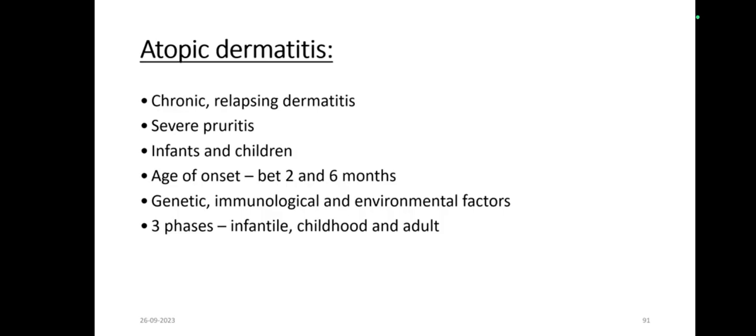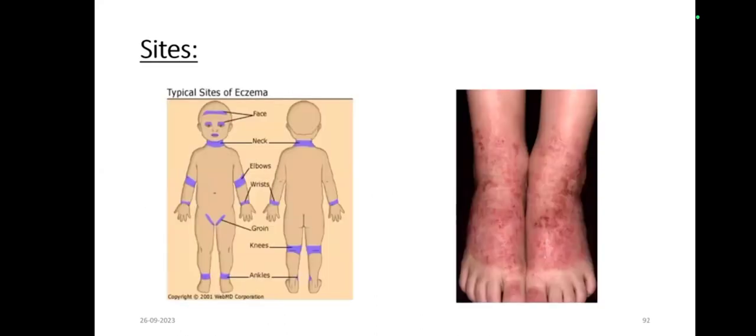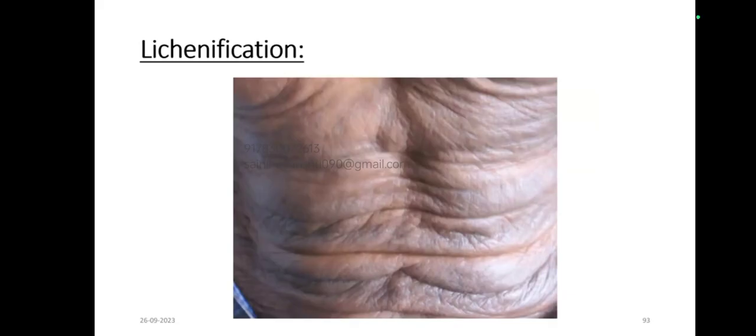In such cases, we have to deal very carefully because usually the children or young adults will have a respiratory pathology also associated with the skin clinical condition. These are the common sites of eczema and atopic dermatitis. This is the feature called lichenification. In Ayurveda, we call it charmakhya.